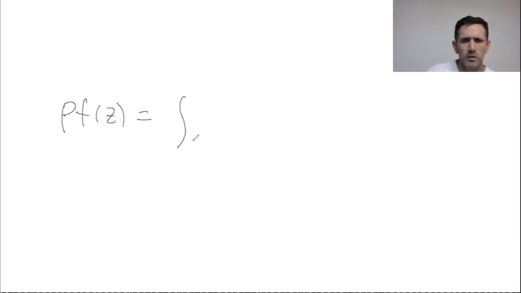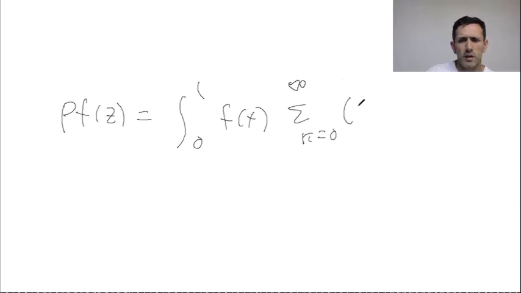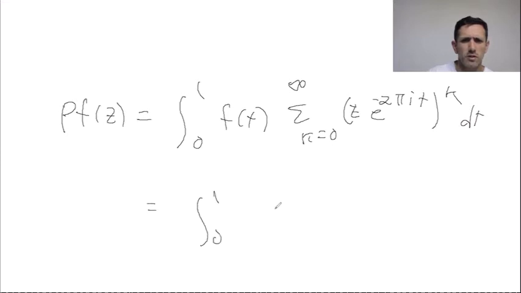So just do exactly that. This is going to be the integral of f of t, sum k equals 0 to infinity, z e to the minus 2 pi i t to the k, dt. And this is just a geometric series, obviously convergent, because in modulus this whole thing is modulus z to the k, and z is in the unit disk.